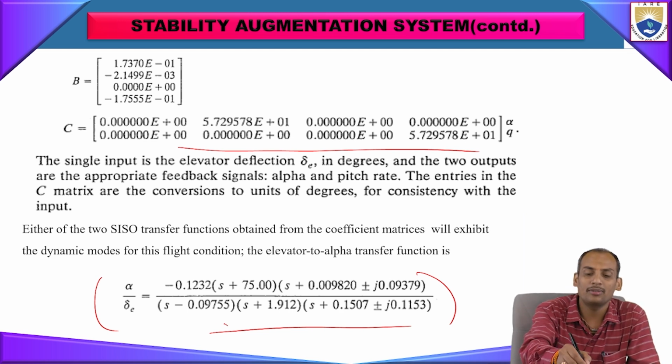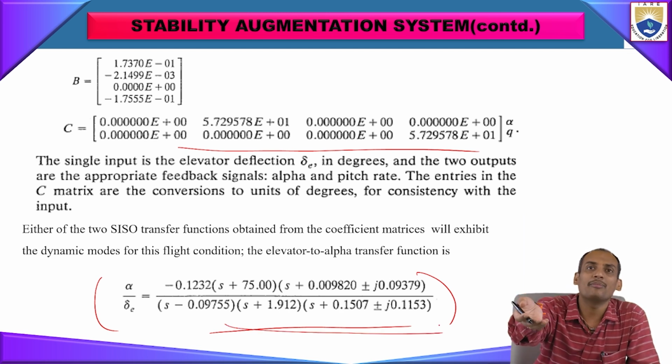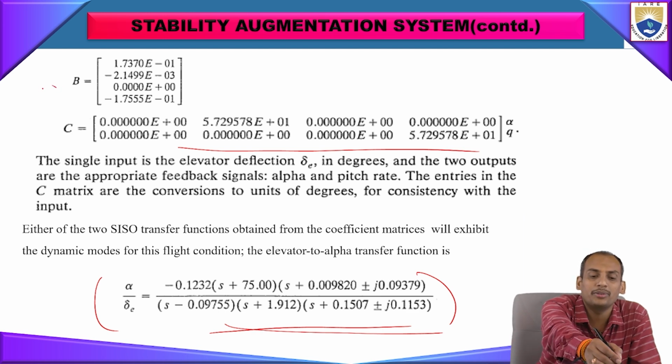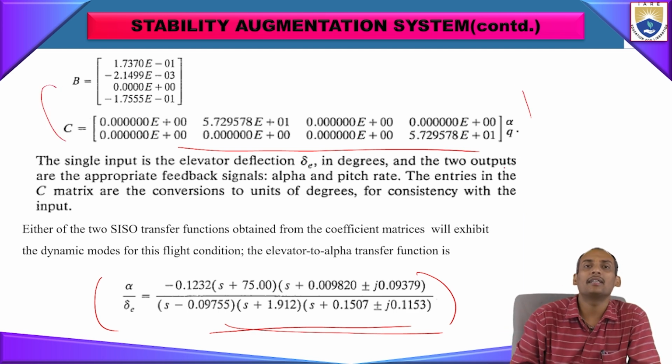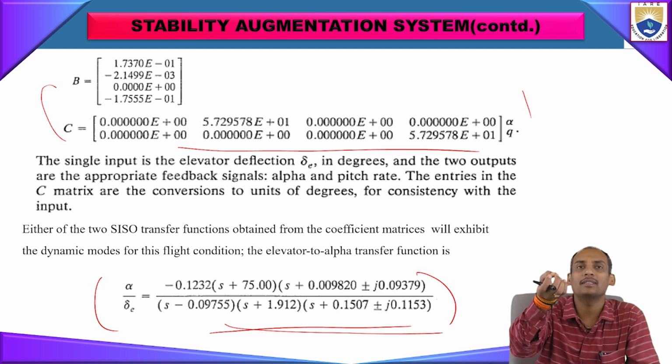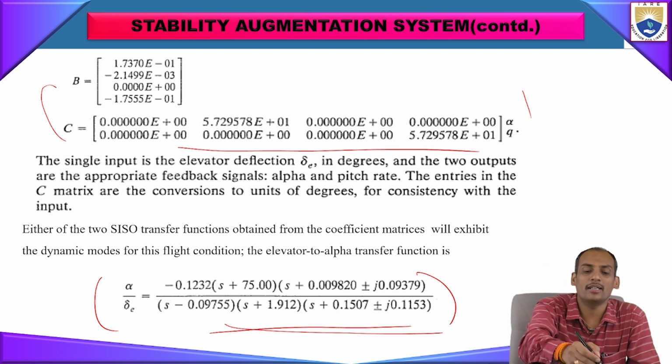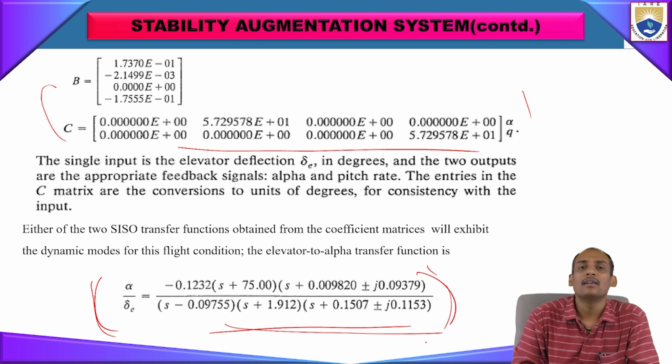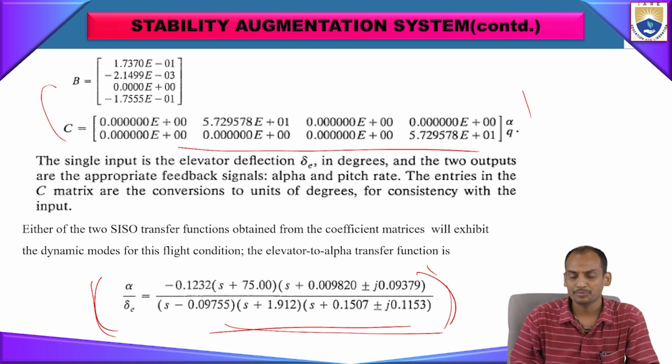How did we get this transfer function? By using this matrix and the Laplace transform solution, we get the transfer function in terms of the imaginary axis and the Laplace operator.